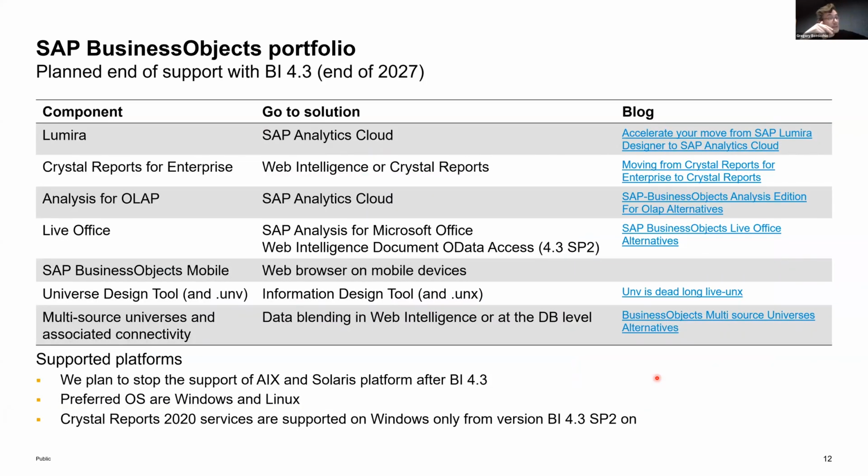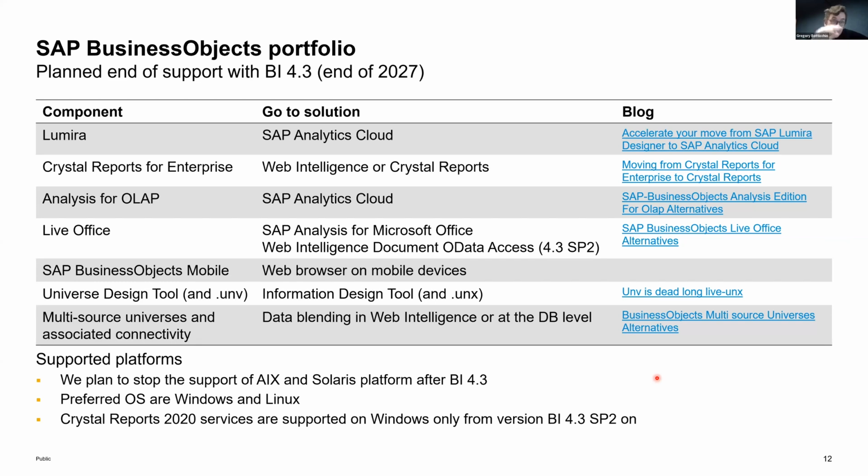So like I said, the things that we plan to deprecate: Lumira Discovery, Crystal Report for Enterprise, Analysis for All App, Live Office, Business Objects Mobile, UDT and UNV, and the multi-source universe in UNX. We plan to stop supporting them by 2027, at the same time as the end of Priority 1 support for BI 4.3.